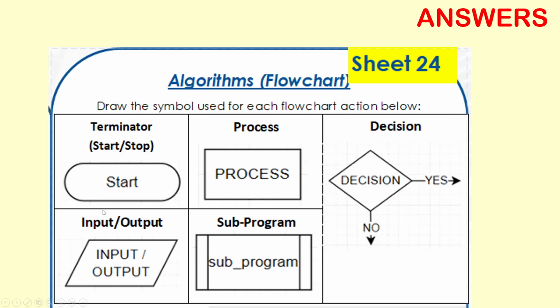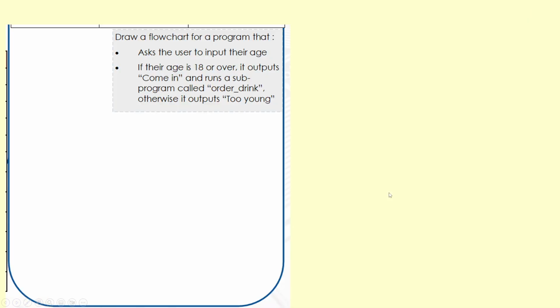Okay, checking your answers. You've got your start, your rectangle for your process, your parallelogram for your input-output, your rectangle with 2 lines for your subprogram, and your decision is a diamond, however it's got 2 lines coming out: yes, no, true or false. Okay, final challenge here on flowcharts.